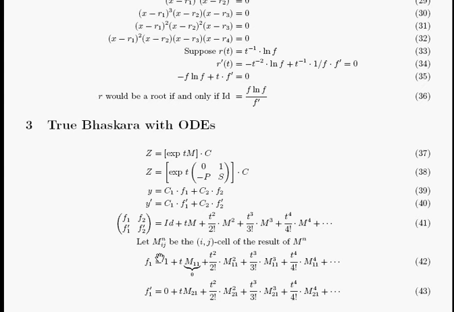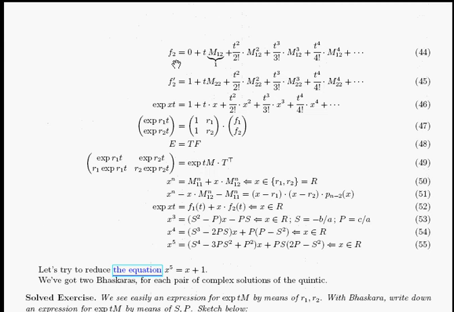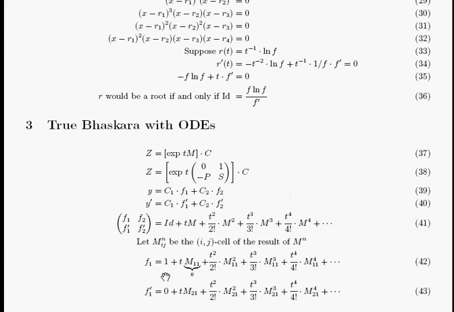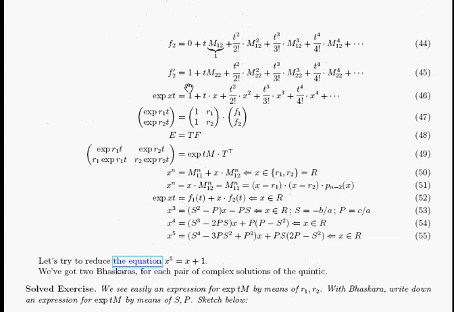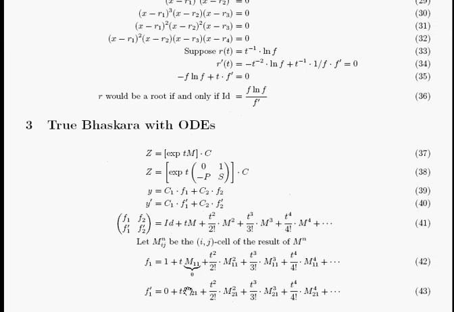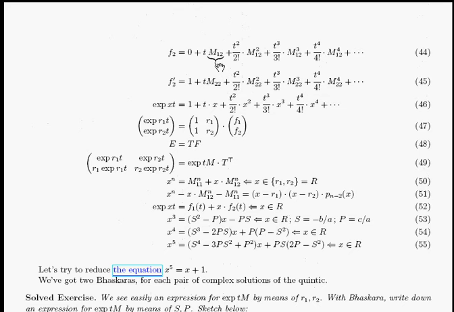Let m_ij^n be the ij cell of the result of M to the n. Here we have f1, f1 line, f2, f2 line. 1 0 0 1 is the identity, and 0 1, m21 m22 is M.